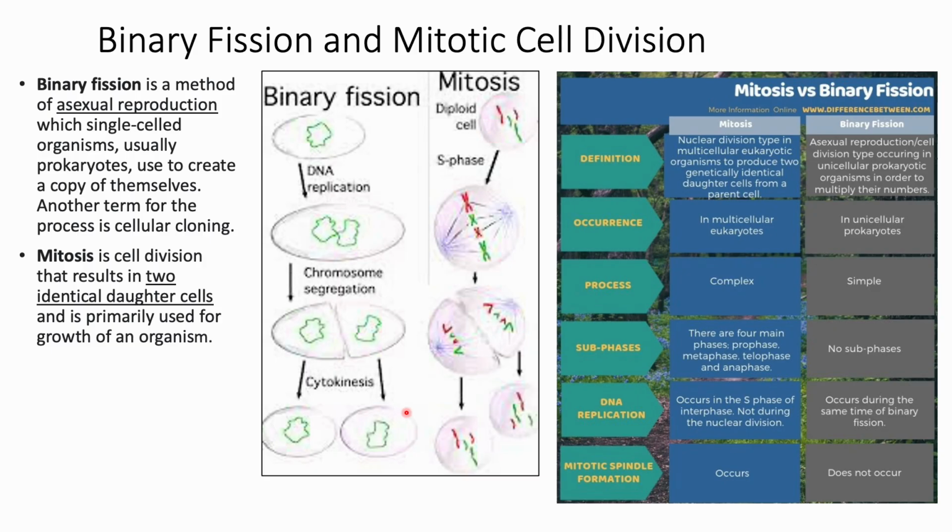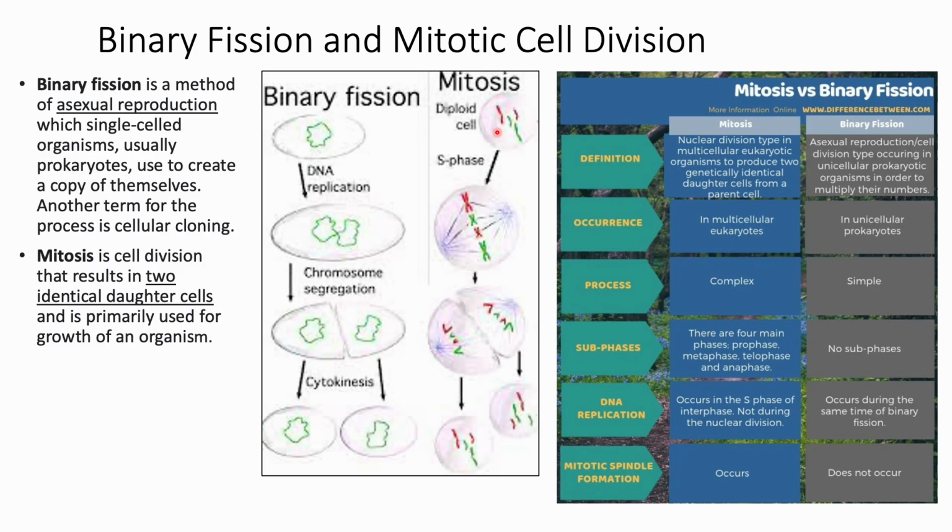In the end, after the reproduction, binary fission ends in two cells and mitosis ends in two cells, and there are processes that occur along the way. In binary fission, the cell is literally going to divide in half, and you see here where the cytokinesis has occurred, dividing the cytoplasm. It literally splits the cell into two.